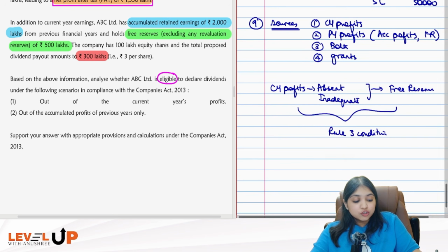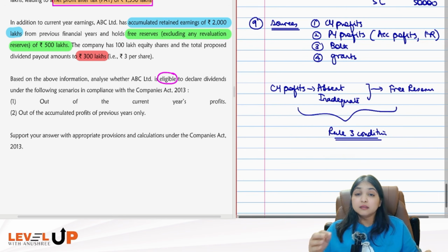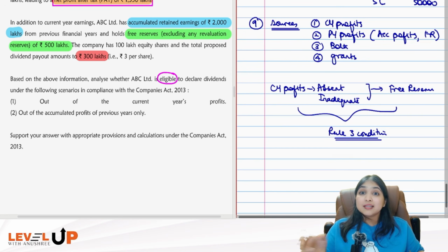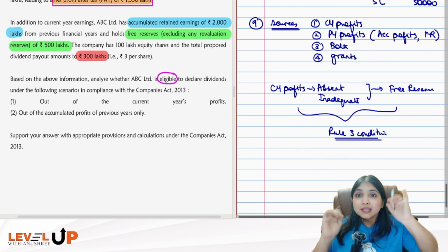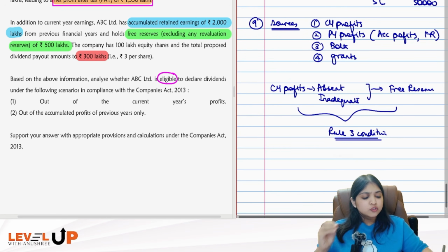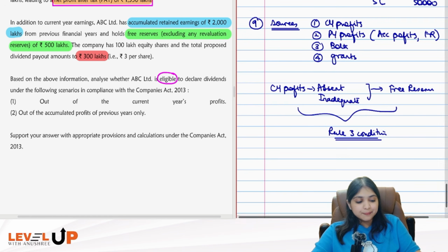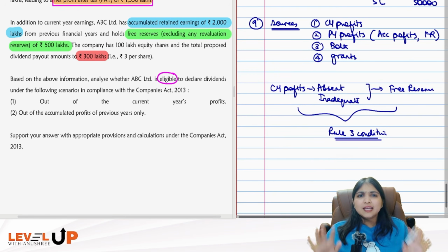You have 4 conditions over there, like the maximum rate of dividend should not exceed last 3 years average. Then you have a 1/10 calculation, you have a 15% calculation and all. So all those conditions will come into the picture only if current year profits are absent or inadequate and company is taking money from free reserves to pay dividend, then only rule 3 conditions will come into the picture. So this is the provision.